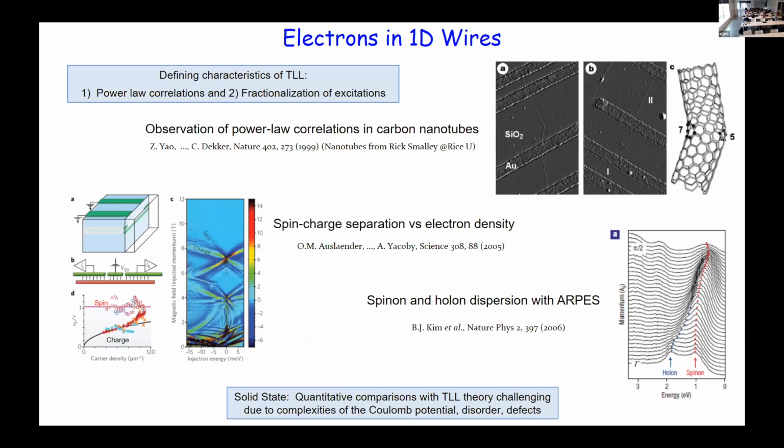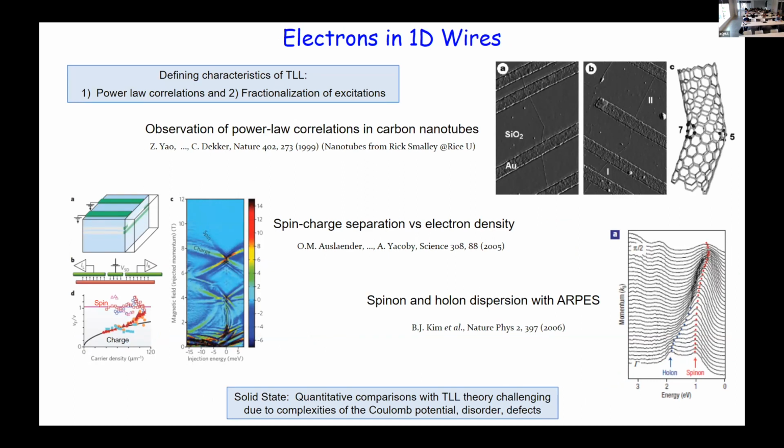There have been a number of experiments in condensed matter looking at spin-charge separation. Some of the first ones are shown here. This is from 1999 using nanotubes from Rice, from Rick Smalley's lab. And this is something from Amir Yacoby's group from 2005, and Kim et al. in 2006.